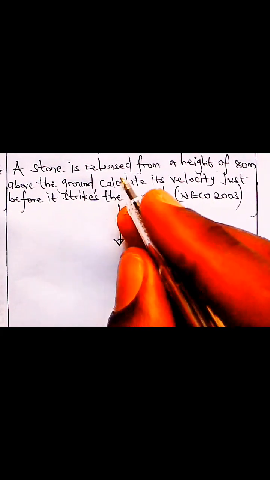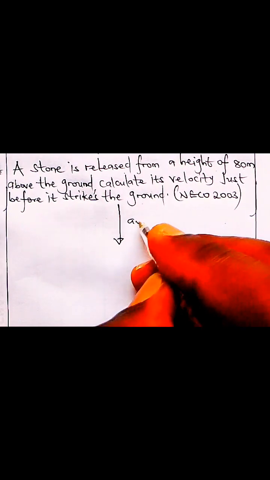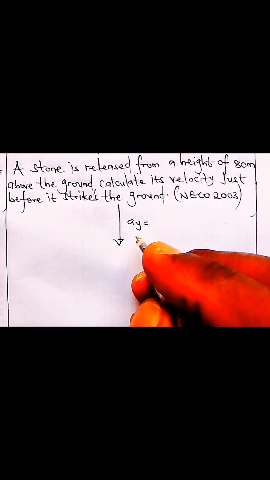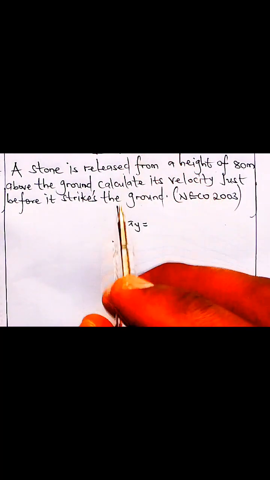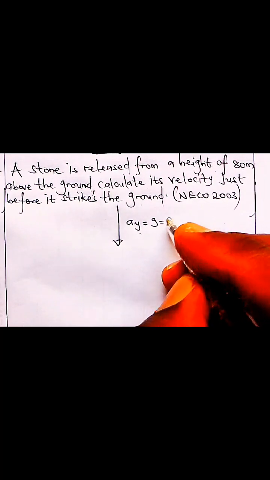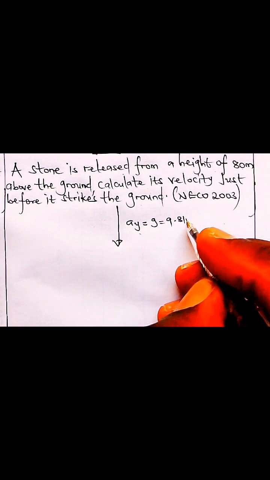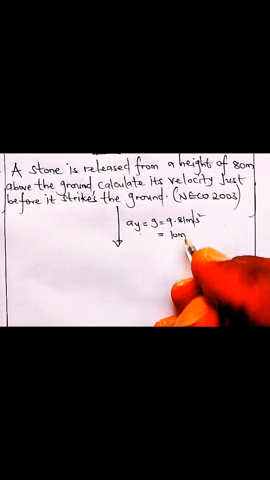Whenever an object drops from a height down, it means that acceleration along the y-axis, all those ones up there are along the x-axis. Acceleration along the y-axis, which is often known as gravity, is a constant 9.81 meters per second squared, and approximately it could be 10 meters per second squared.